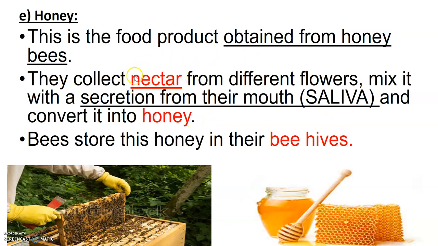It's a sweet juice of flowers. So the nectar is taken by the honeybee, kept in its mouth, and mixed with saliva. Saliva has some enzymes. These enzymes will react with the nectar to change nectar into honey. And once honey is formed, the honeybees will go and store it in beehives.